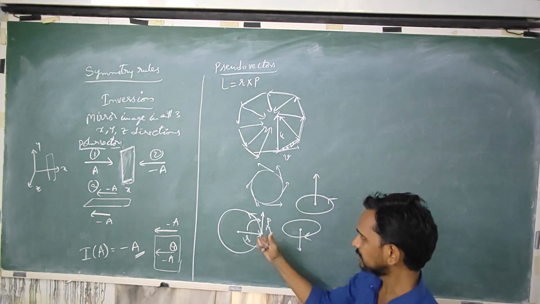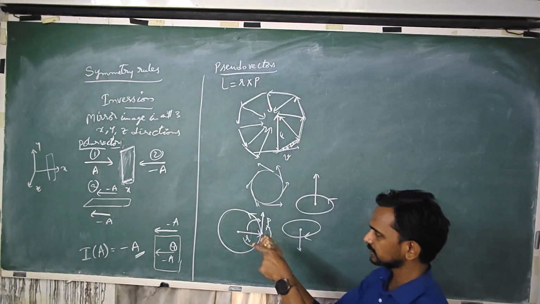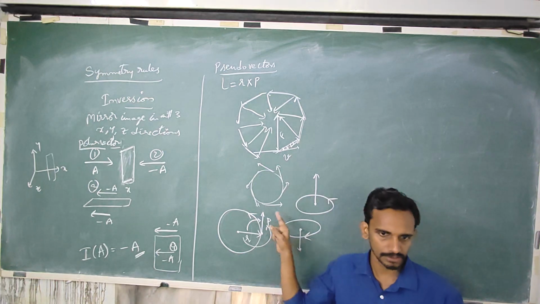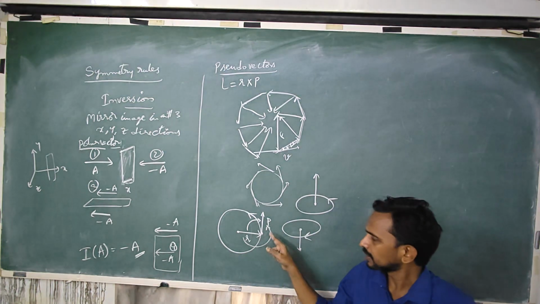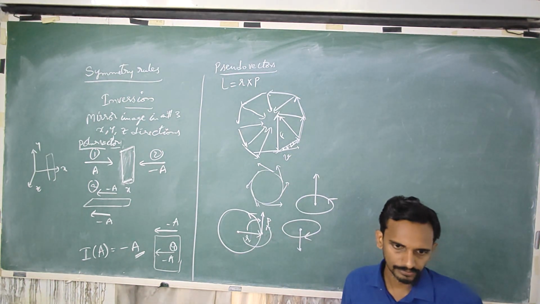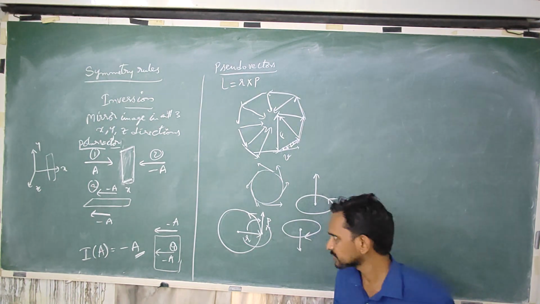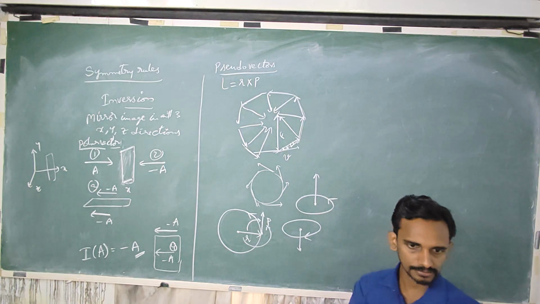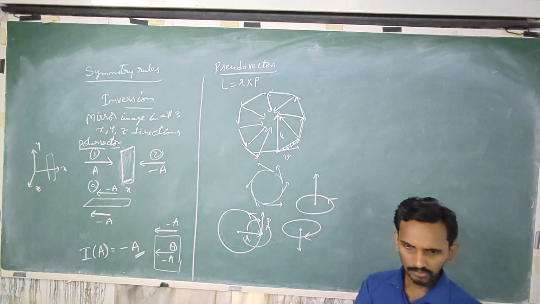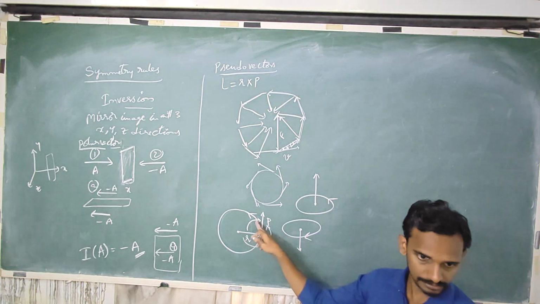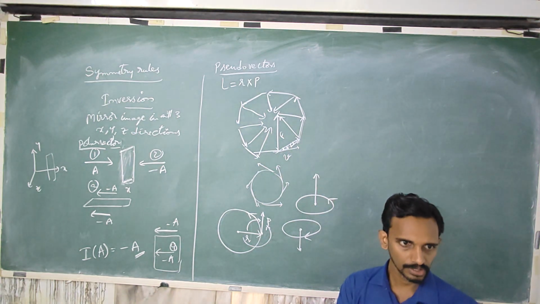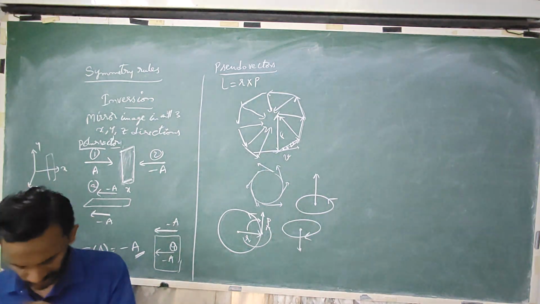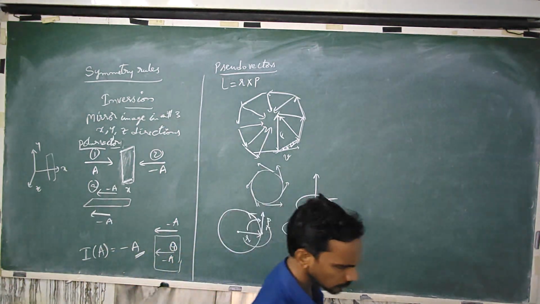If your curl of fingers represents the direction of motion from the first vector to the second vector, then the thumb represents the direction of the vector. So which way should I take? This one, first one, or second one? The most likely option looks like this, the smaller angle. Okay, but a smaller angle should be considered.